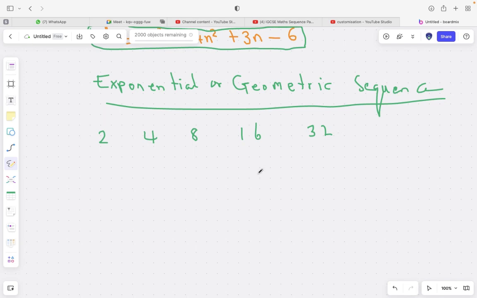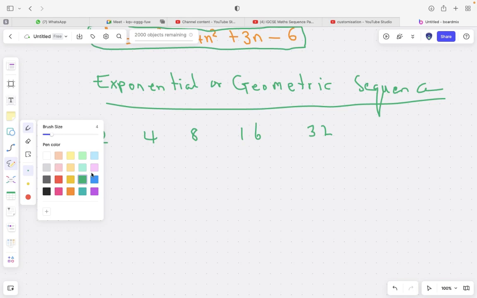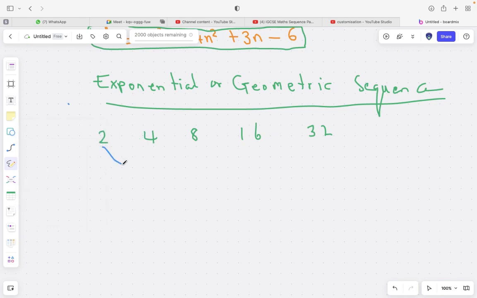64, okay? Now, what makes it a geometric sequence? It means it's a multiplicative or divisive sequence. So, meaning to get the next term, if you give it the first term, you're going to multiply this one by 2. The first term multiplied by 2, you get the second term, 4.